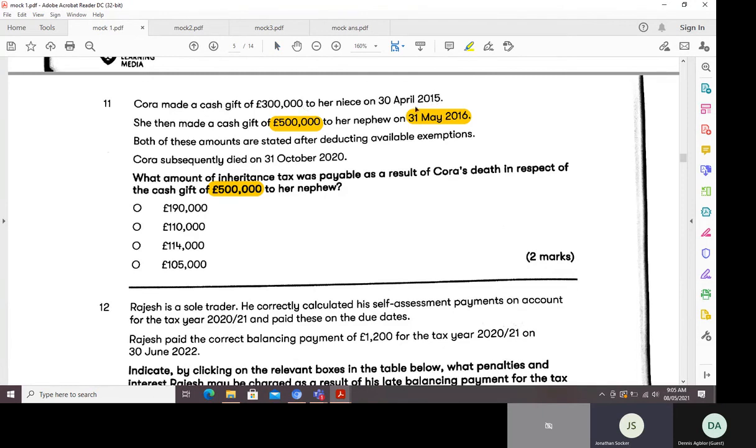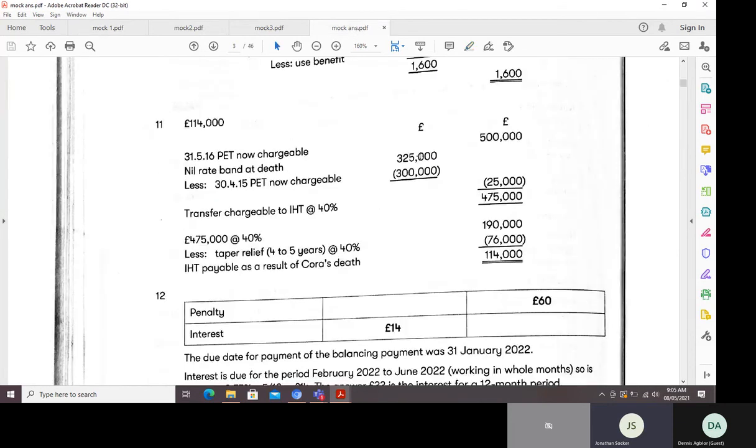Even though it was paid, it became chargeable because the donor didn't survive for more than 7 years, right? So when we set off this, we get 25,000 remaining, and therefore we have 475 to tax at the rate of death tax. At a rate of what? 40%. So if it's 40%, we have 190,000 as the tax.